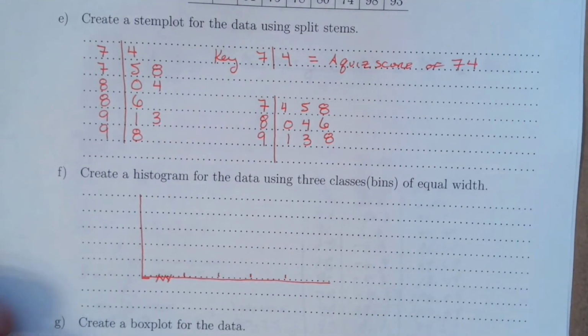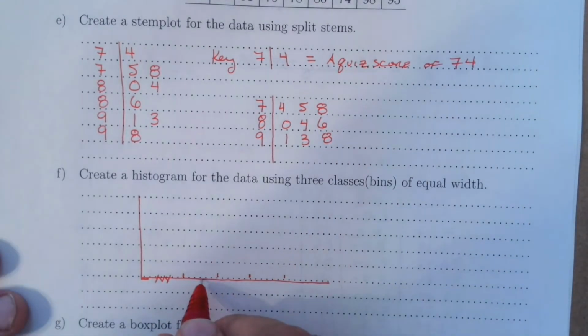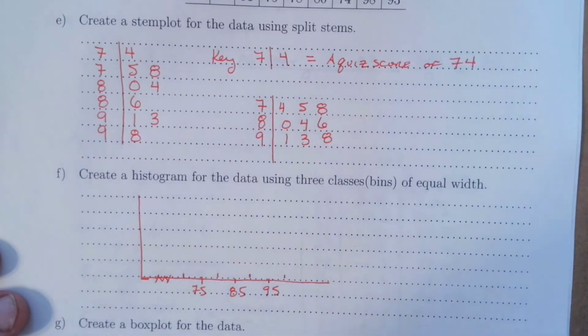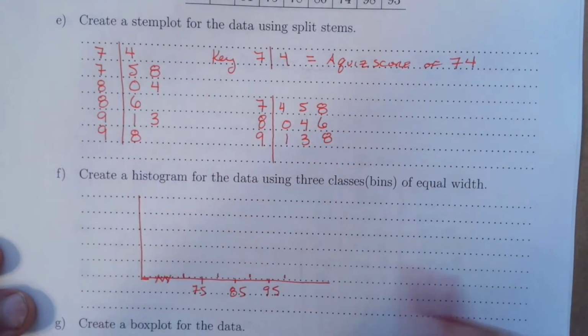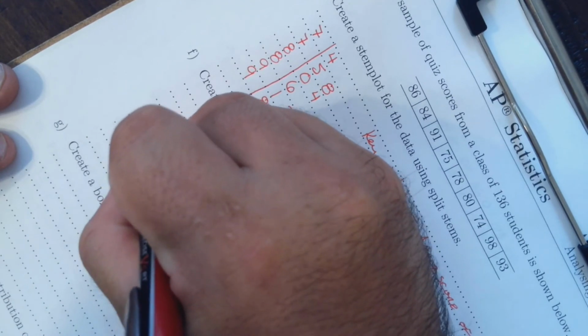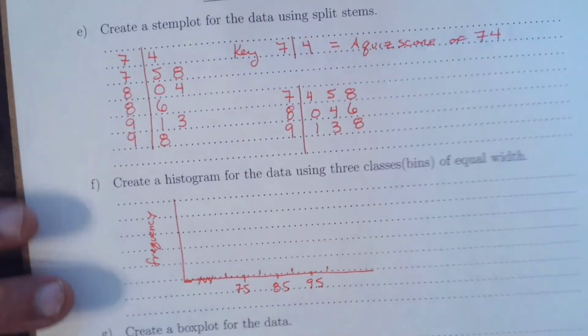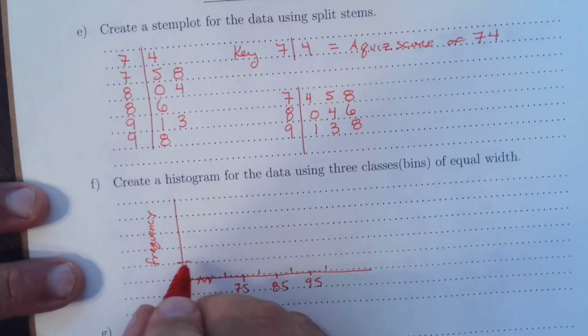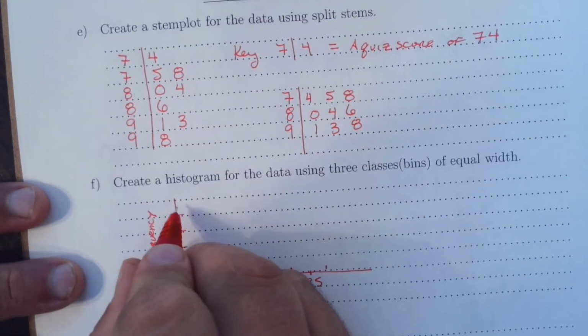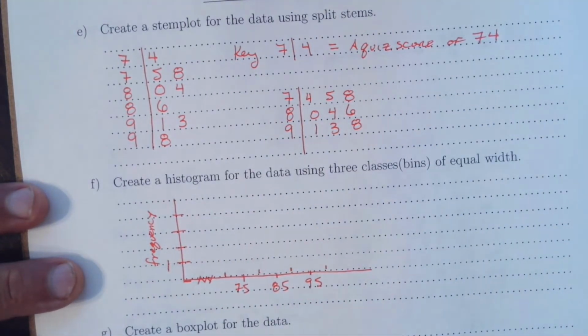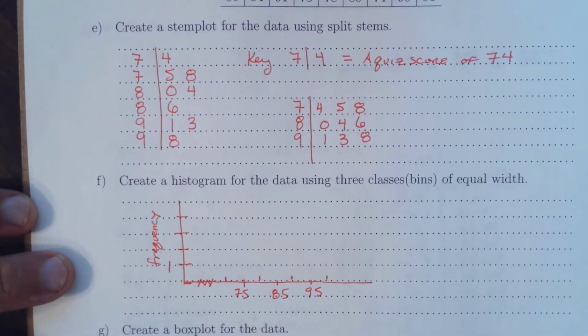Then I might mark the center of each of these classes to help distinguish my items. I also need to have a label, that this is going to be my frequency on the vertical axis, and I have my equally spaced tick marks. For this one it's pretty straightforward that each of the tick marks will represent one.